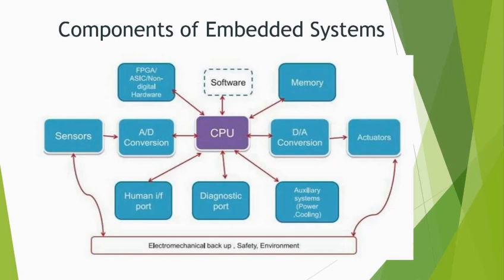The sensors are such as electromechanical, backup, safety, and environmental. DA conversion is connected to actuators, and AD conversion is connected to sensors. Basically, AD converter means analog to digital converter, and DA conversion means digital to analog conversion.